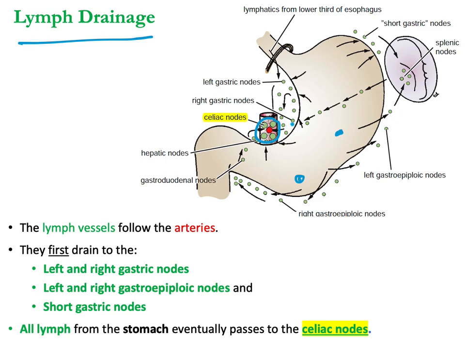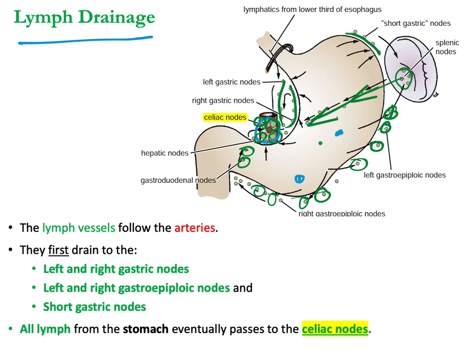And here it is the same for lymph nodes. You have left gastric nodes, right gastric nodes, short gastric nodes, splenic nodes (splenic artery, remember?), left gastroepiploic nodes, right gastroepiploic nodes, gastroduodenal nodes, and most importantly, you have gastric lymph nodes.